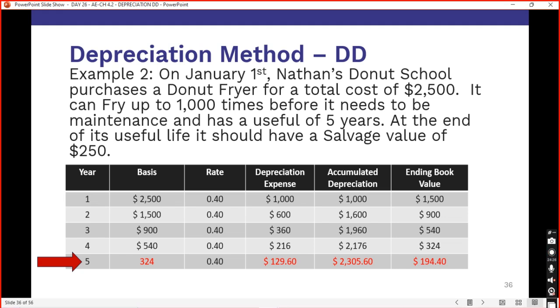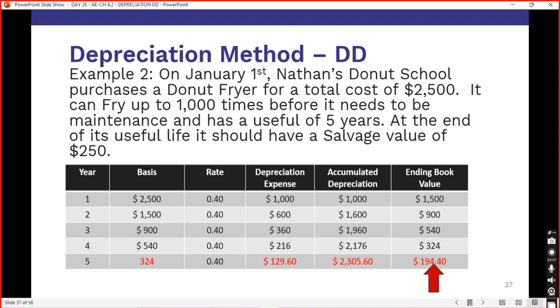So because we have a salvage value put into place, right? 250 is the maximum that we can have it to be. So what we need to do is we need to adjust and recalculate our information, because this number cannot be accepted. It fell below salvage value.